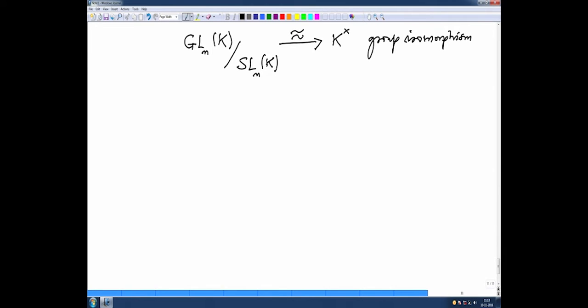Okay, now I want to recall, let me write as an example. This is what we have done when we studied elementary matrices. So, I will just summarize in this example, with this new language, what we have done in that.